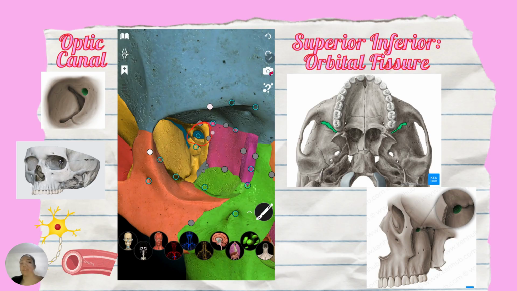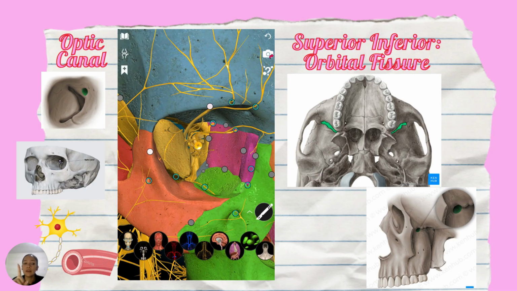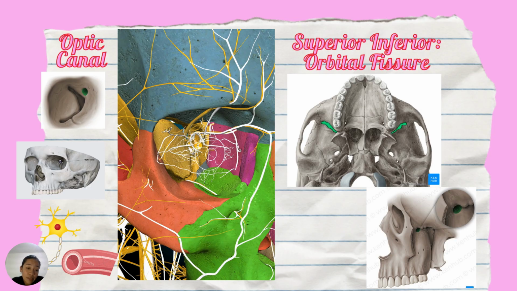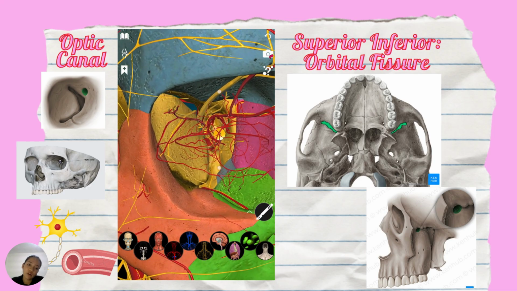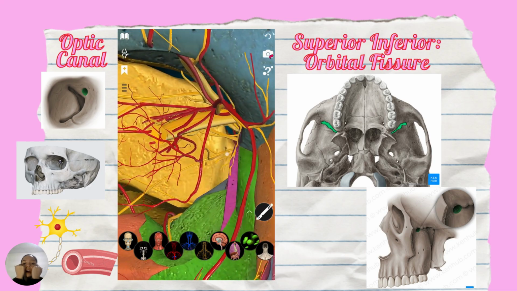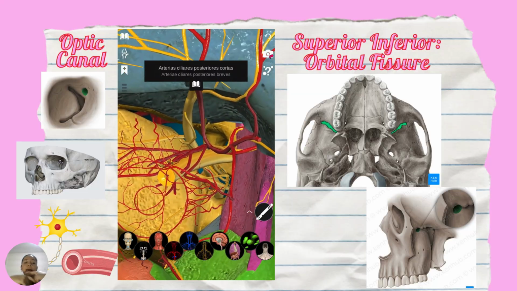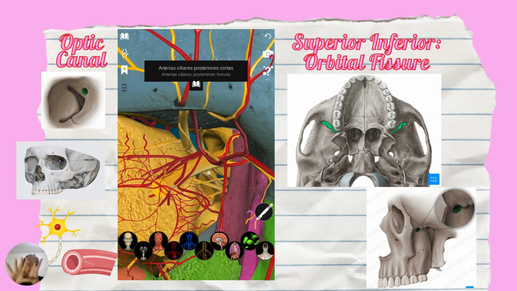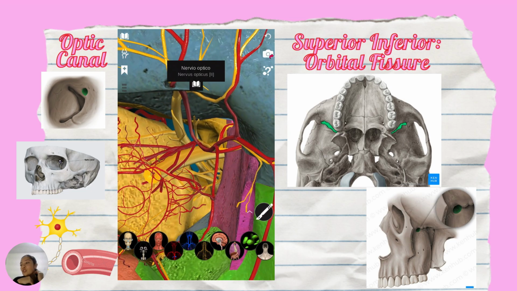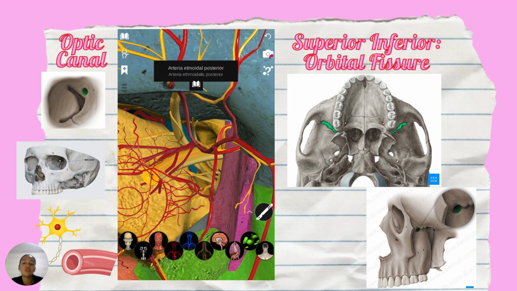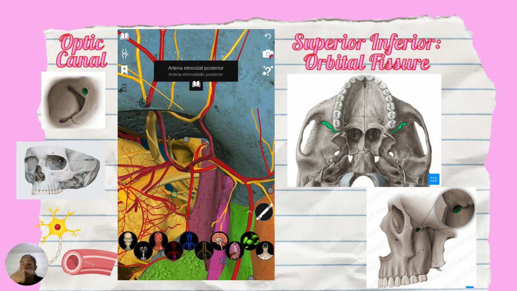Now, another important part located in the region of our eye is the optic canal. But what is the optic canal? The optic canal allows the passage of three structures: the optic nerve, in yellow, the ophthalmic artery, in red, and also the superior orbital fissure, which contains all of these important structures that allow the irrigation and innervation of our eye.